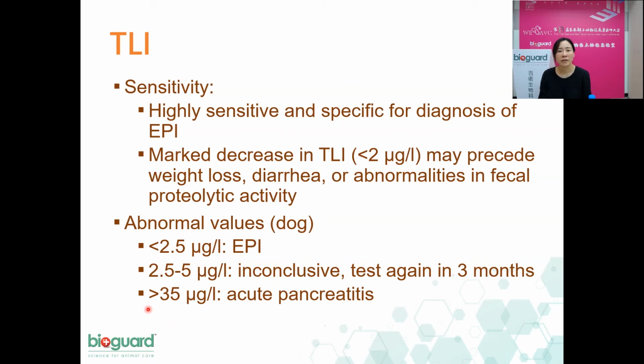And if the value is above 35 micrograms per liter, we can say it may be acute pancreatitis. But we'll talk about later why we cannot jump to the conclusion that if we find this value, it's acute pancreatitis.